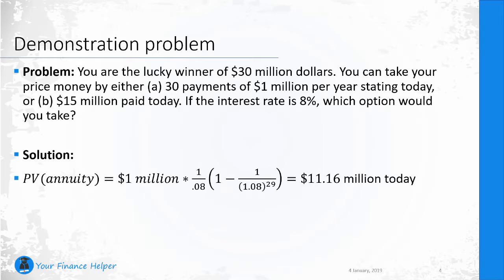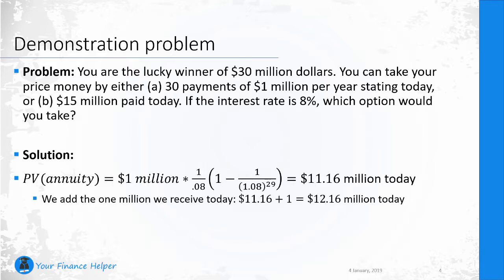If we start by using our first formula, we plug in the cash flow of $1 million. You take 1 and divide it by the interest rate, which was 0.08. You say 1 minus 1 divided by the interest rate factor, and right here it is pretty important that you choose the right number of years.